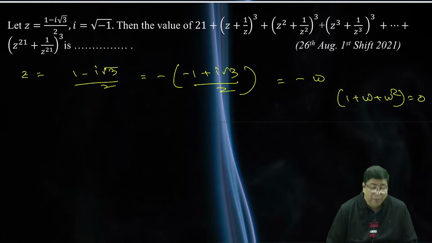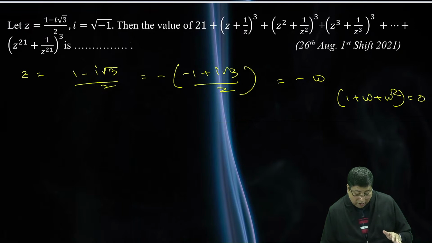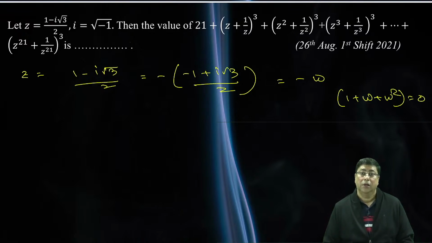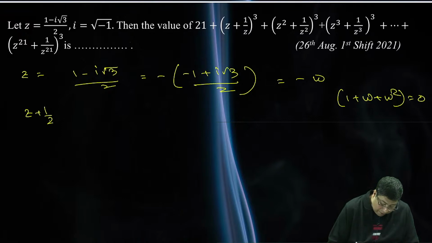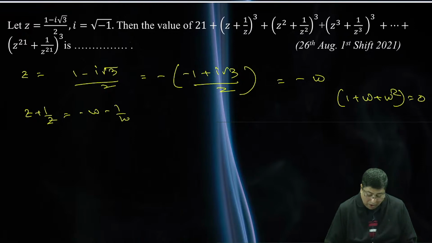Now we have to write up the part: there are 21 such terms, z plus 1 by z, z square plus 1 by z square, z cube plus 1 by z cube. So let us get some similarity which is coming here. So let us start, everybody. So z plus 1 by z, we are getting minus omega minus 1 by omega. 1 by omega means if we multiply here, minus 1 minus omega square by omega cube, that is minus 1 minus omega square, that is coming to be 1.